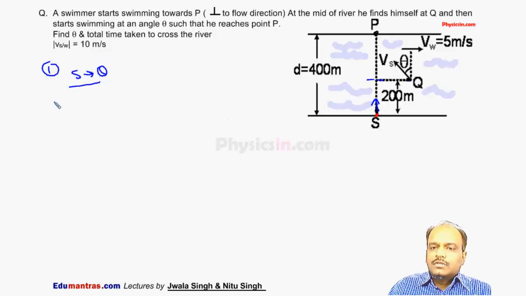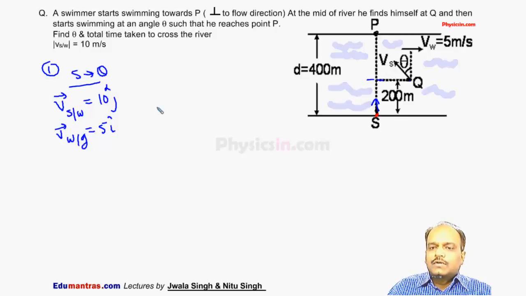So the velocity of the swimmer with respect to water is 10 j cap. The swimmer is swimming in this direction with a speed of 10 meter per second. The velocity of water with respect to ground is 5 i cap.